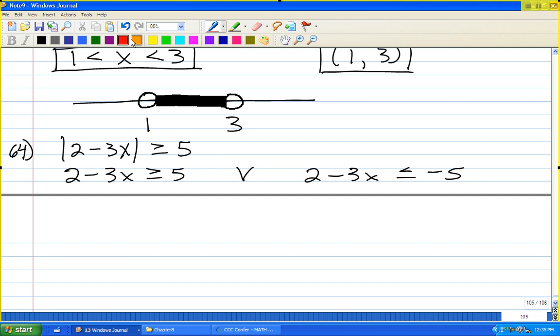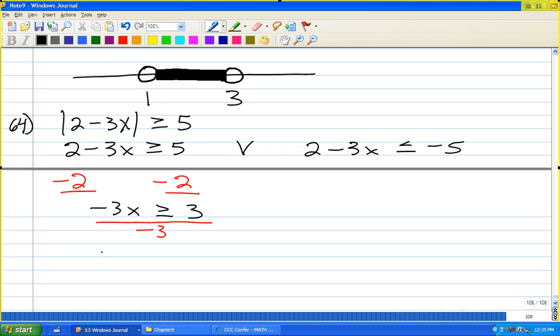Let's subtract 2 from both sides of my inequality. So negative 3x is greater than or equal to 3. Let me divide both sides of my inequality by negative 3. But if I divide by negative 3, I'm going to have to switch the inequality to a less than or equal to. Positive 3 divided by negative 3 is a negative 1.